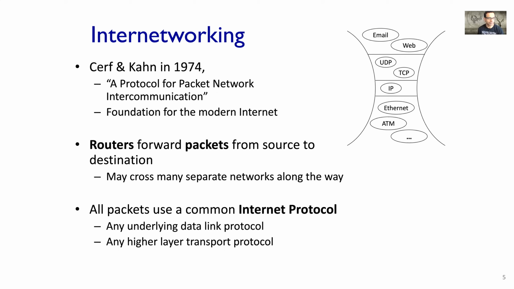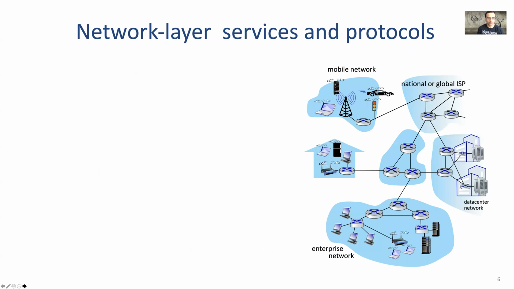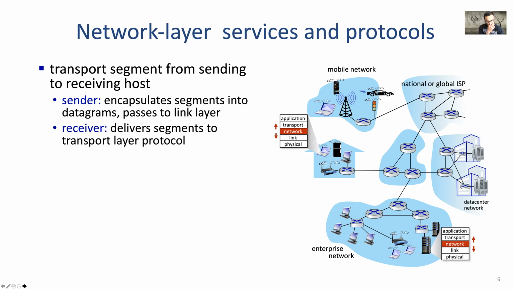So the routers are essentially the glue that connect all these networks together, and all these packets communicate using IP, which is a universal protocol. Below IP, we have various different kinds of link layer protocols. Above IP, we have different kinds of transport layer protocols, right? So IP is in that sense unique, that there's just one choice there at the network layer.